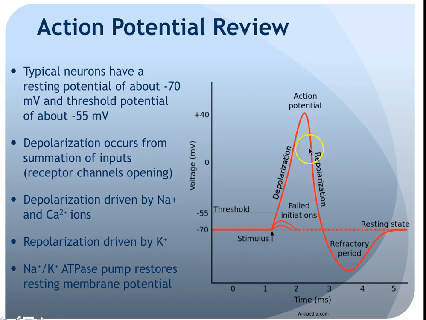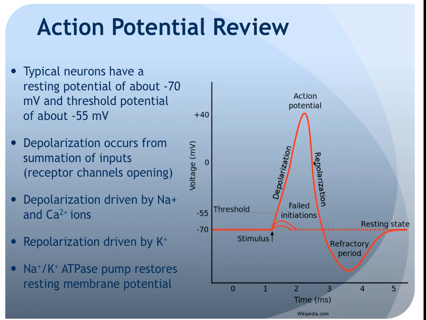These are important mechanisms, both the repolarization and the refractory period, because all of these rectifying channels and potassium channels help to ensure that the cell, number one, doesn't just continue to fire over and over again, and number two, that the current doesn't go back the other way.